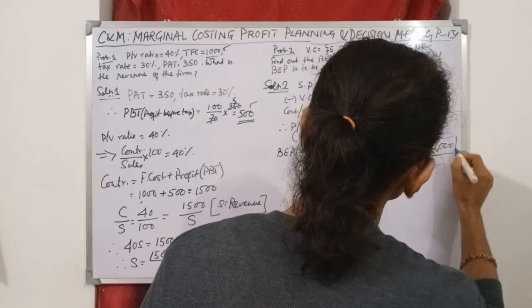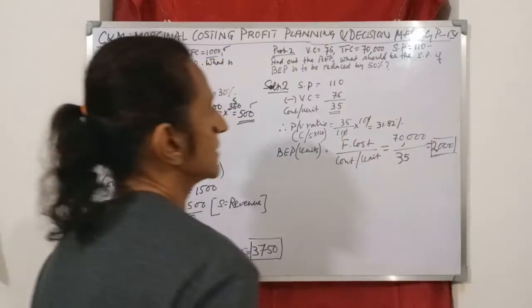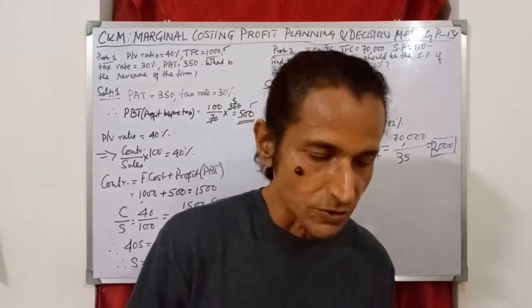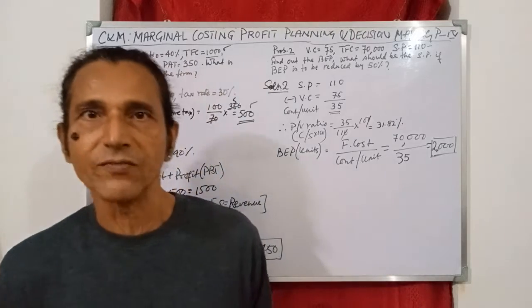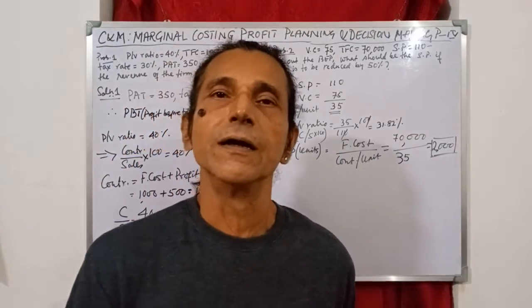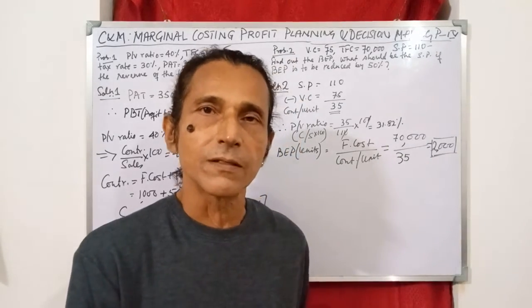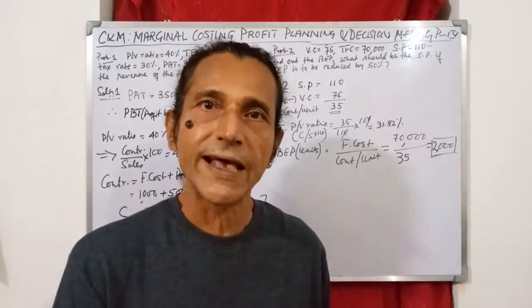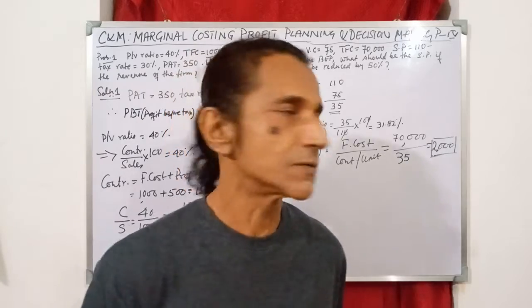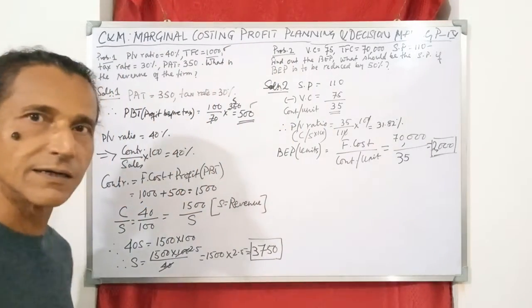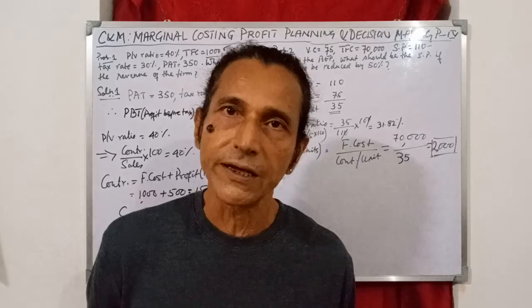So 2,000 units the firm must produce to just break even. That means to just recover its total cost by the revenue. That is where the total revenue of the firm is exactly equal to its total cost. The firm is neither earning any profit nor incurring any loss.